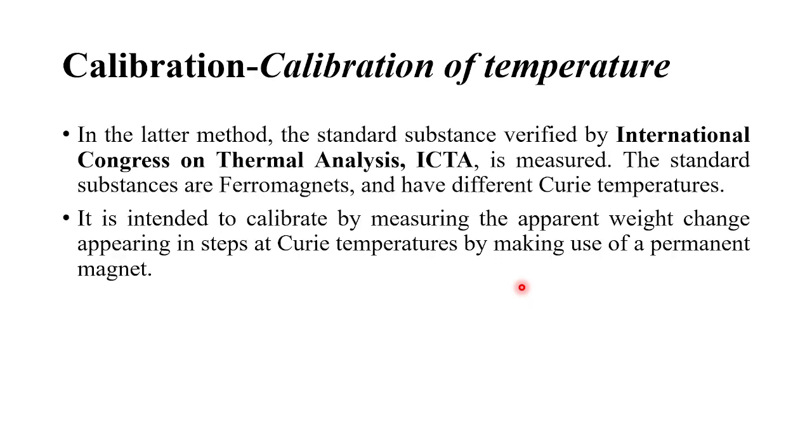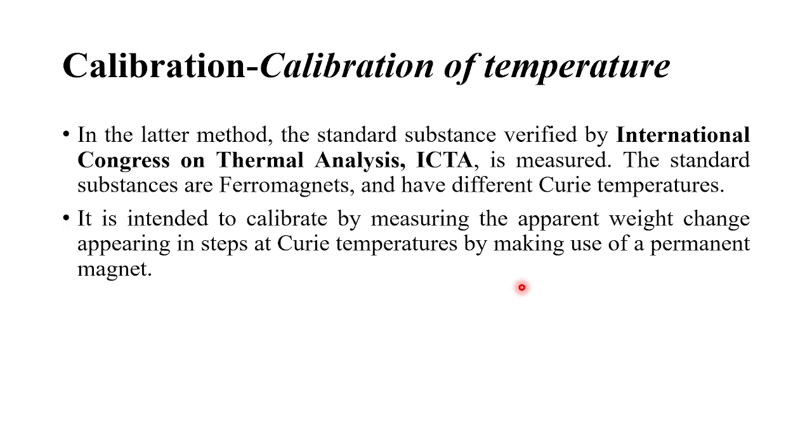In the latter method, the standard substance verified by the International Congress on Thermal Analysis is measured. The standard substances are actually ferromagnets. So by their different Curie temperatures, you can calibrate it. It is calibrated by measuring the apparent weight change, which appears in steps at the Curie temperature, by making use of a permanent magnet.